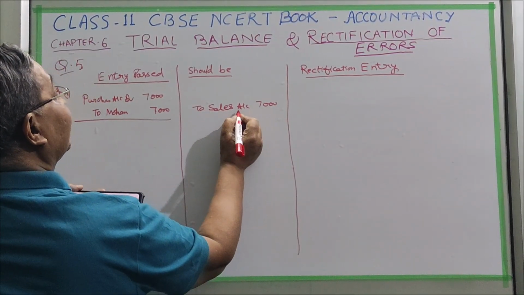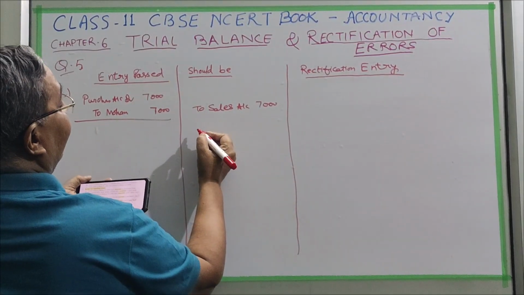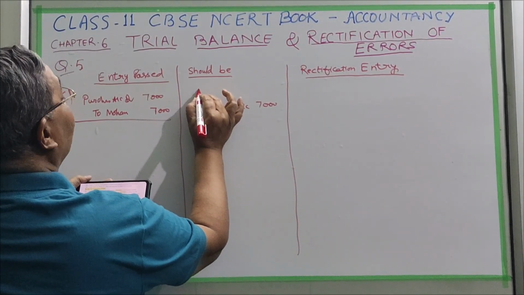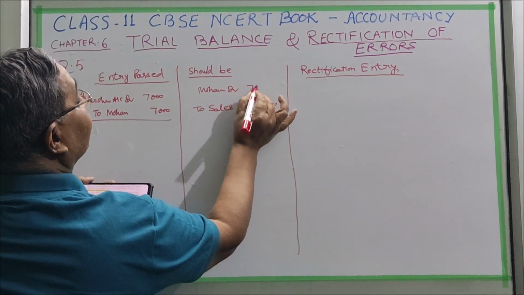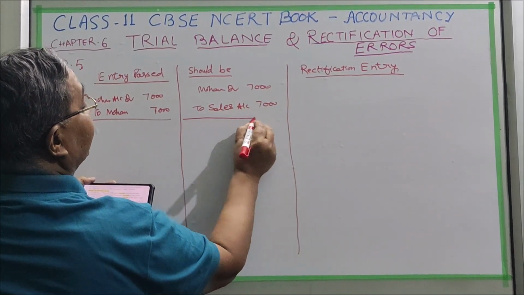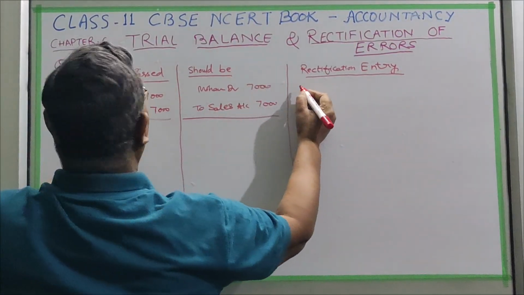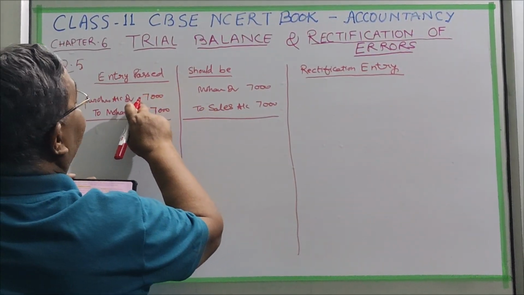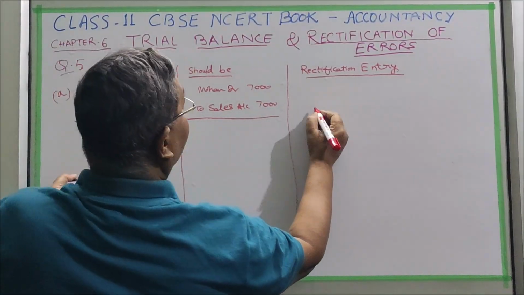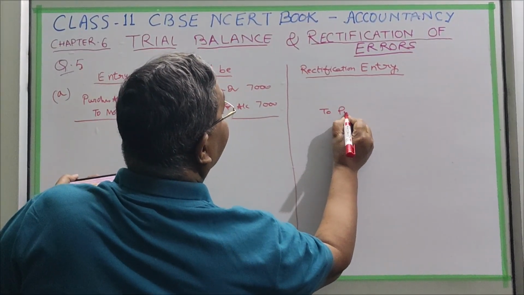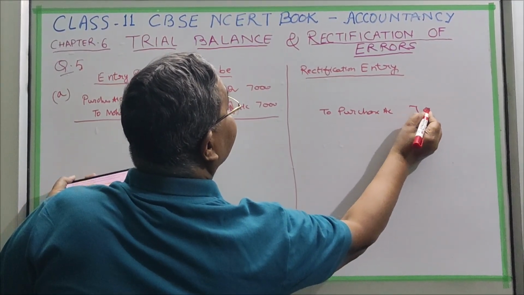To sales account you should have written 7,000. And any entry in the sales subsidiary book automatically creates a debit. So Mohan should have been debit. Mohan debit 7,000. Now you see the rectification. Purchase account you should not have debited, but you have debited purchase account. So to purchase account now you have to do 7,000.